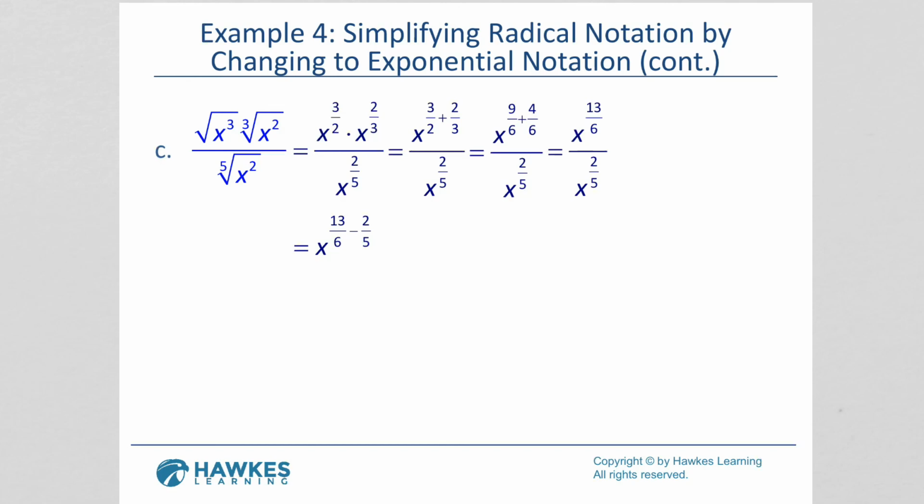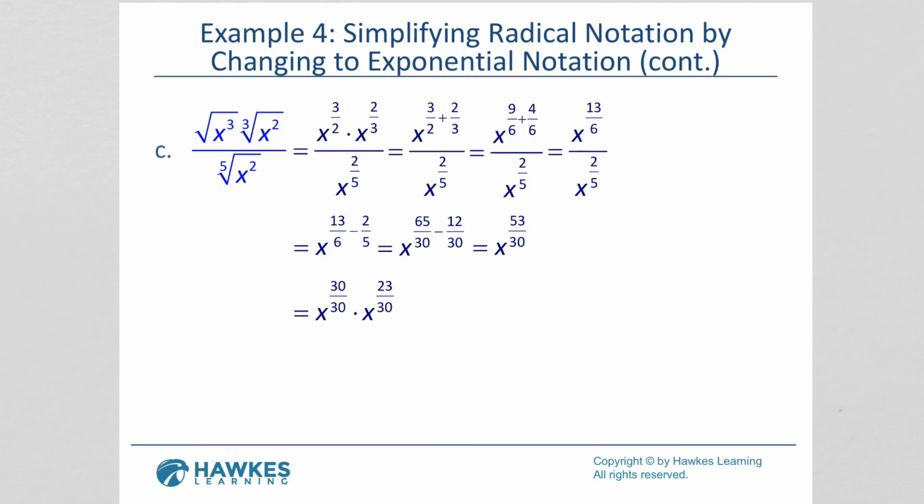And now I'm going to do the division, which is subtracting the exponents, so that's x to the 13/6 minus 2/5. Coming up with a common denominator, that's x to the 65/30 minus 12/30, which is x to the 53/30.